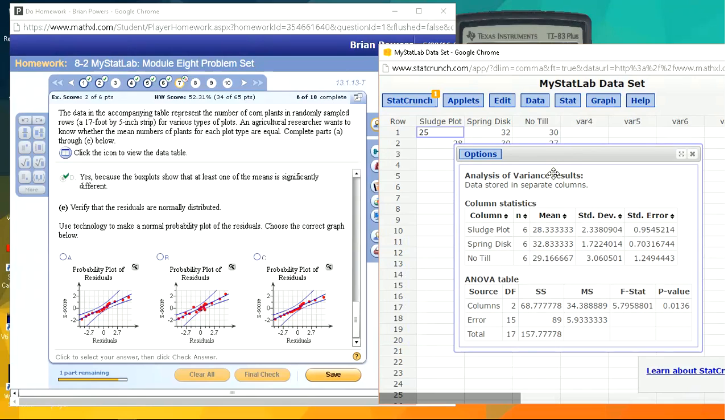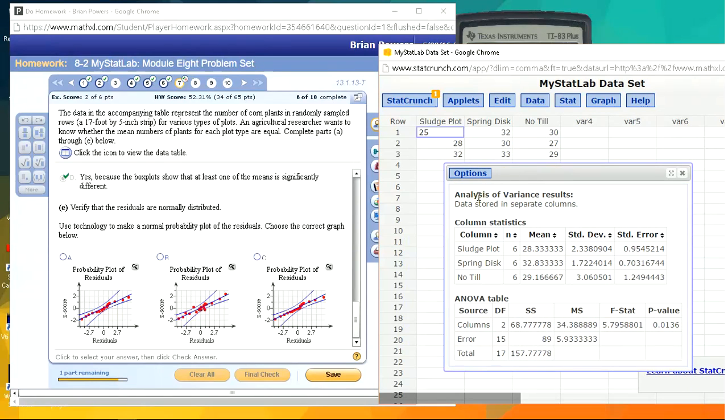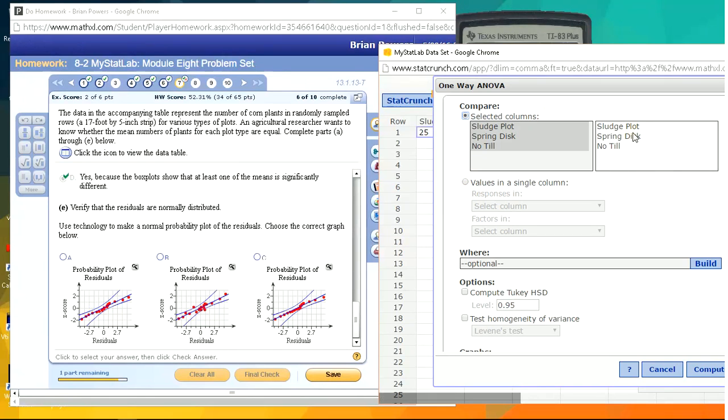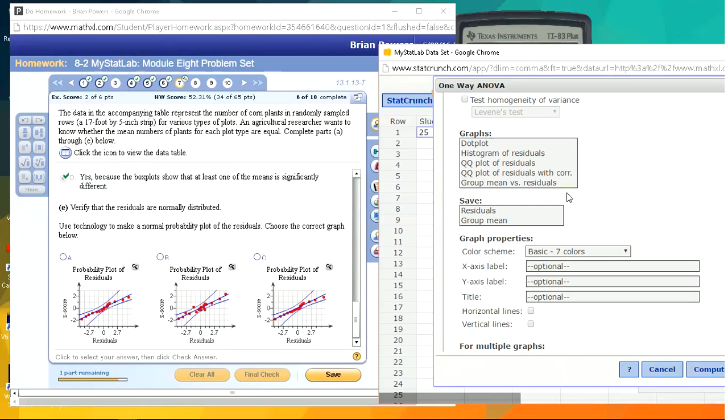Let's go back to our analysis of variance calculation, and I'm going to change the inputs. I'm still going to use those three, but if you scroll down to the bottom, I'm going to save residuals, because I want to plot all the residuals in one plot.